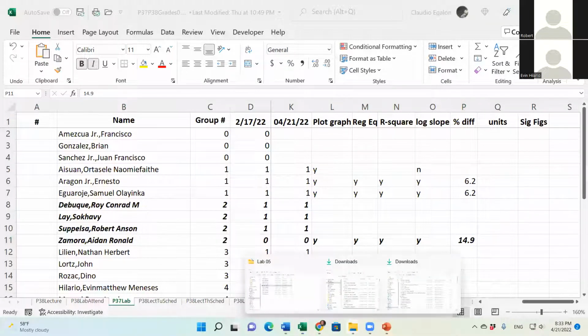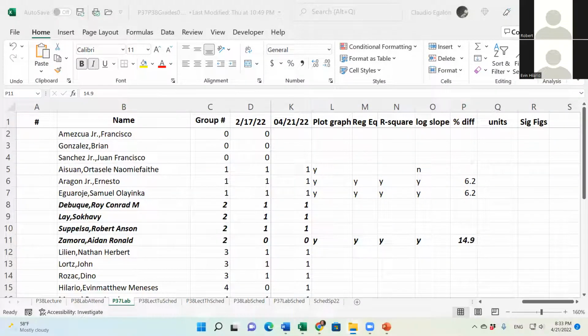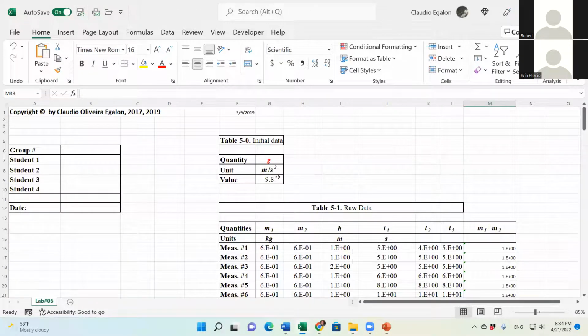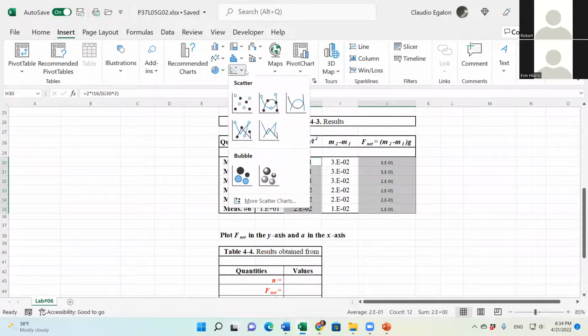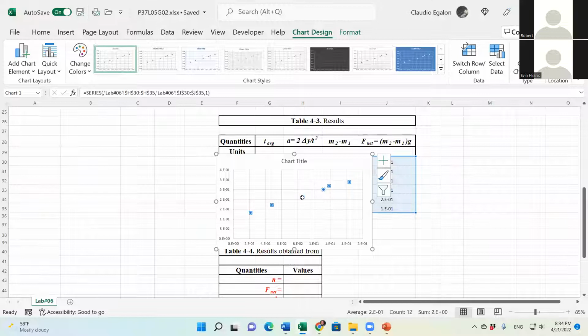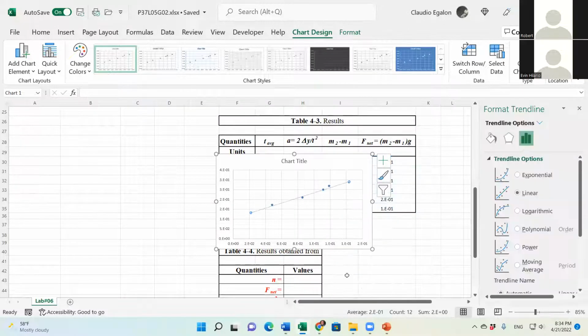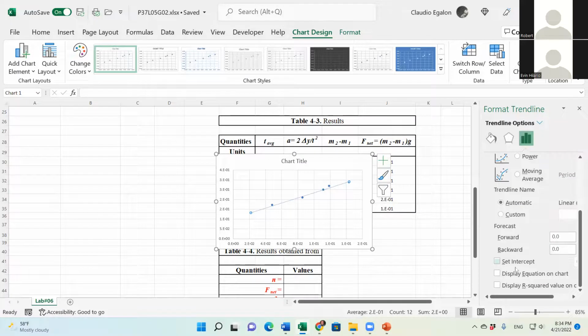Let's see. Group number 2. Here you go. 1.301.